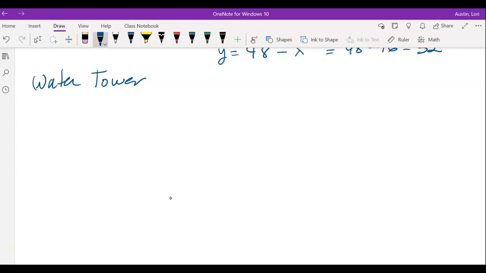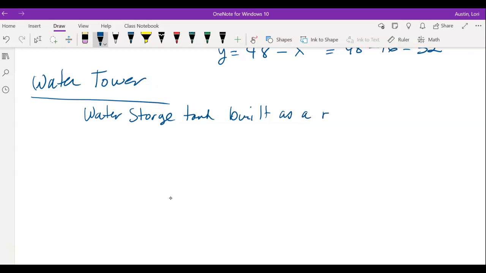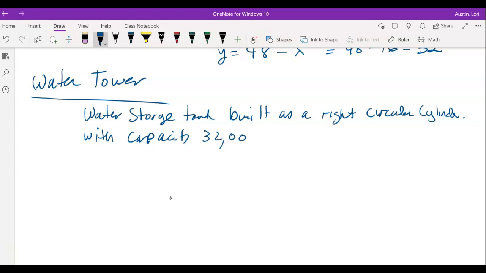So we have a water storage tank, and it is built in the shape of a right circular cylinder with capacity of 32,000 feet cubed.